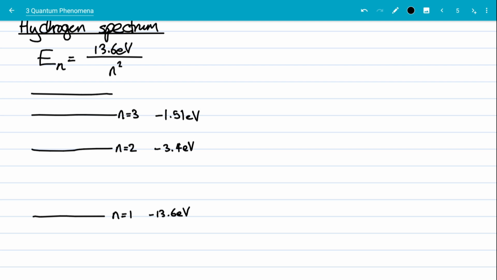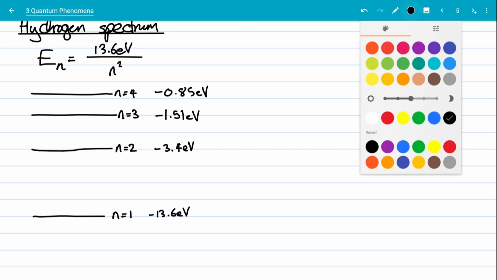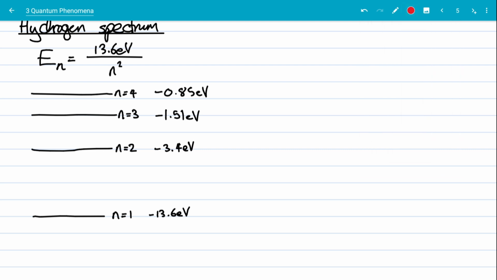I'm not being very consistent with significant figures here. N equals 4, so it's 13.6 divided by 16, negative 0.85 electron volts. And we have different transitions that are possible. So we can go from n equals 4 straight down to n equals 1.